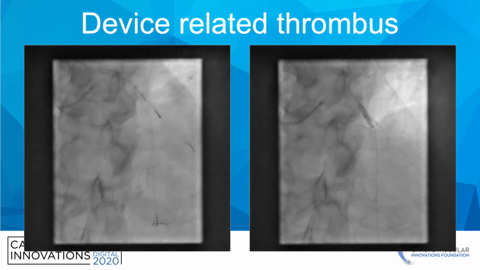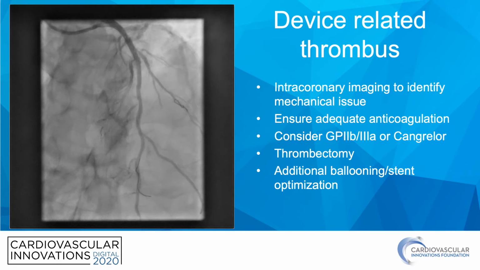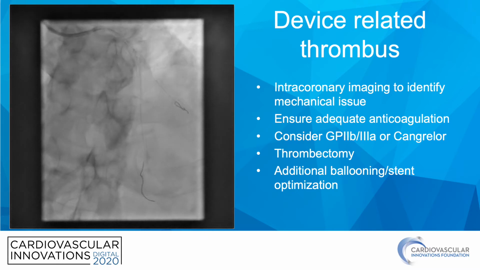Ultrasound was performed after we were able to get back through the stent struts, which showed some thrombus at the bifurcation, though the stents themselves appeared to be relatively well expanded. Thrombectomy and further ballooning were performed at the bifurcation, and follow-up angiography showed restoration of flow.